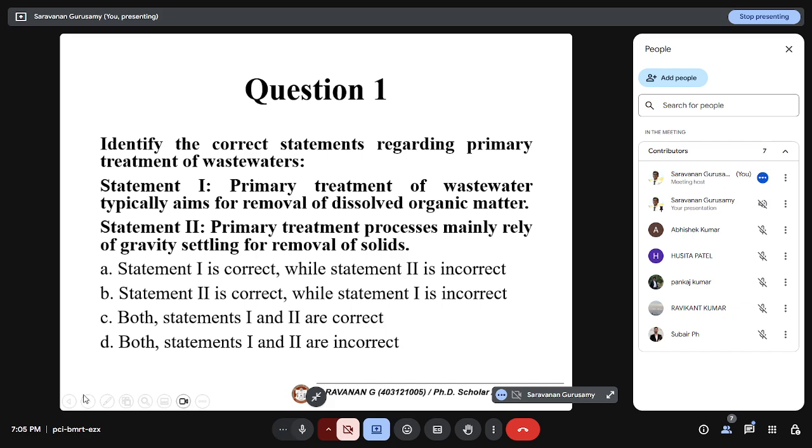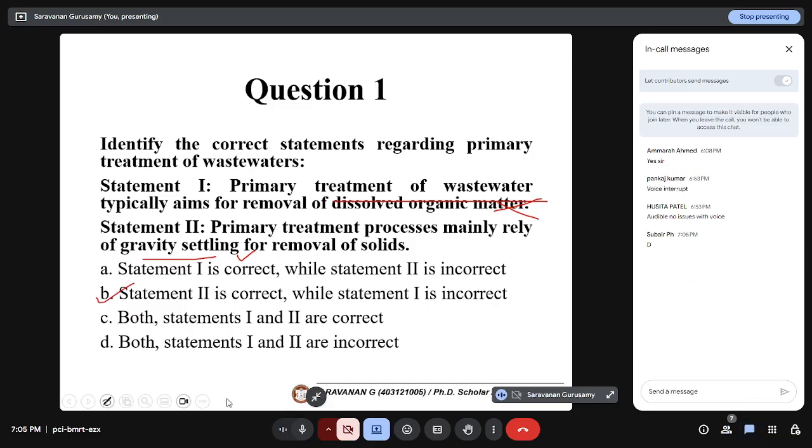Let me take the pen. It will not remove any dissolved organics. So this is wrong. It is relying on gravity settling. That is correct. So the second, B, is the answer. Don't you think B is the answer? Why do you think this statement is wrong? If you have any doubt, you can ask.